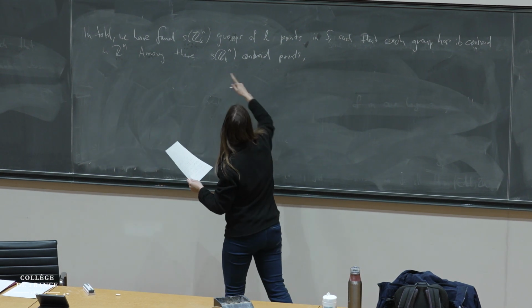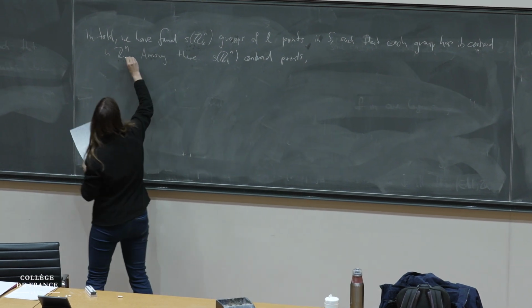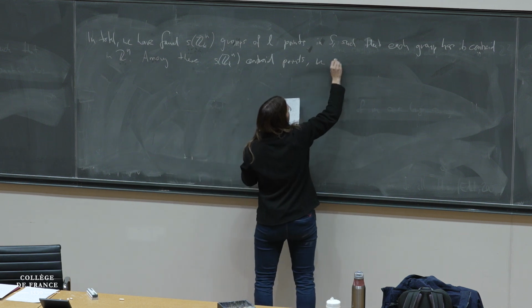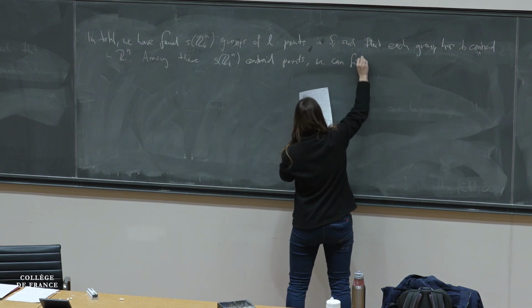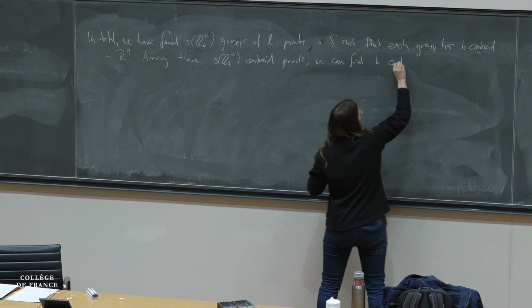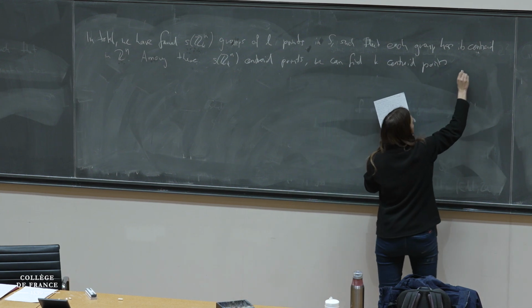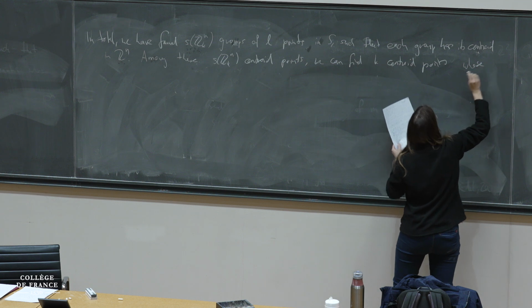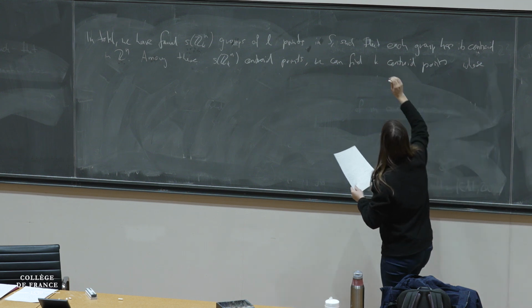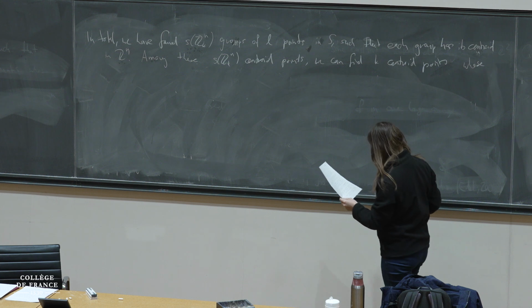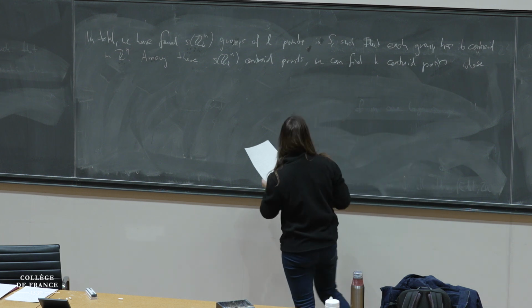So we have now that many points in Z to the n for those centroids. And so now among those, we can find k centroid points which have the property that for those k chosen centroid points, their centroid is also a lattice point in Z to the n.